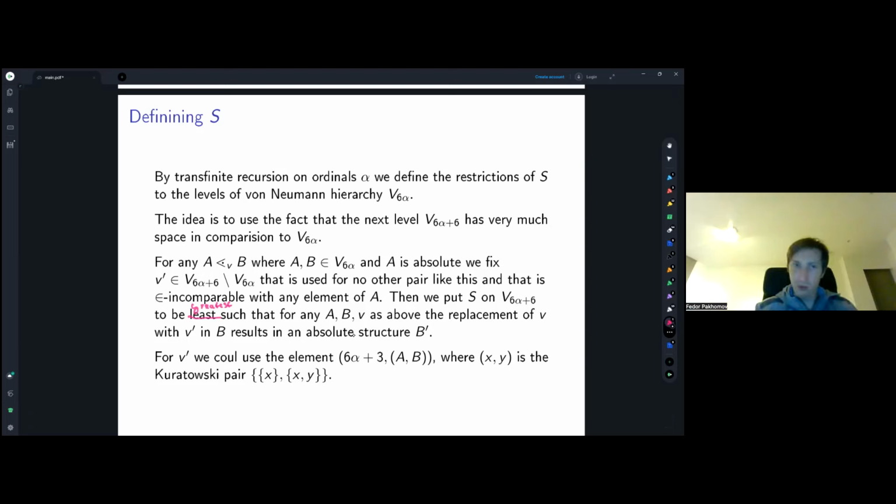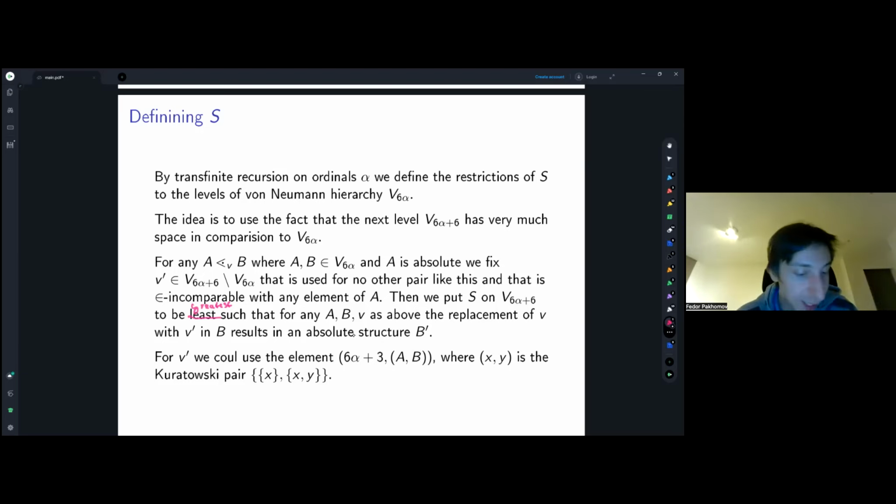Okay, so the only thing that we need is to interpret these v primes, and we could do it in an explicit way like this. So v prime will be, for 6 alpha, a Kuratowski pair consisting of ordinal 6 alpha plus 3 and pair AB.